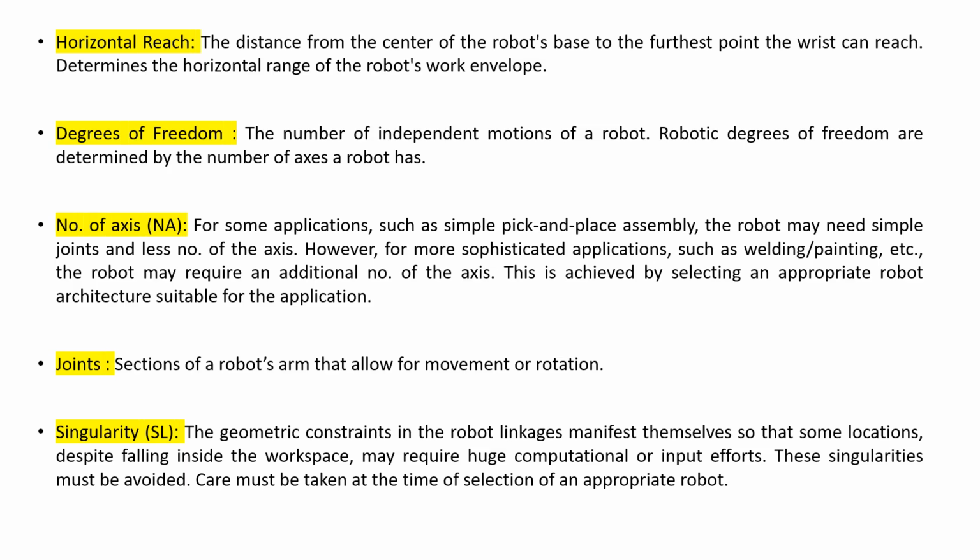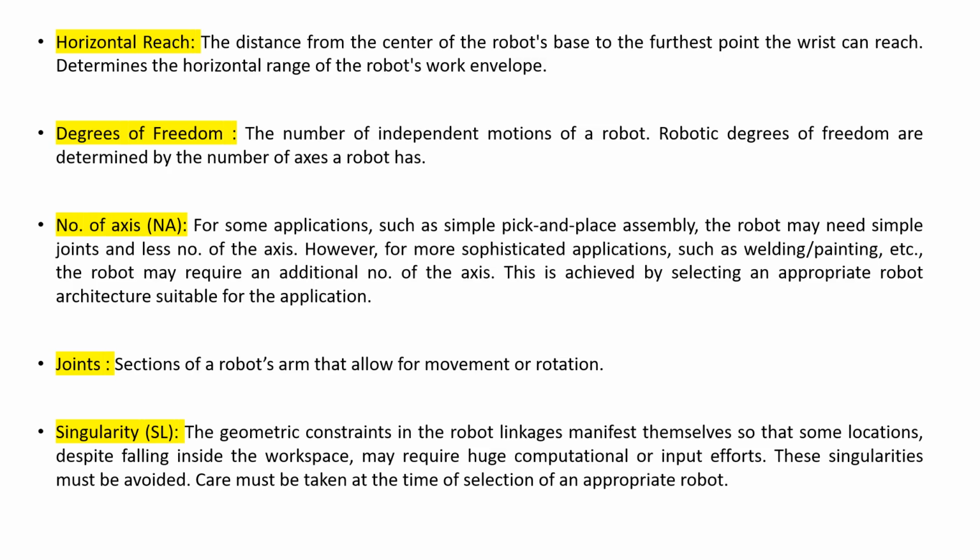Then the joints, as we discussed already: the links, a number of links attached to each other, will form the joints. Then the singularity. This is one of the very important terminologies, and it is nothing but a geometric constraint on the robot linkages that restricts the linkages from moving to some locations within the workspace, because of some restrictions.